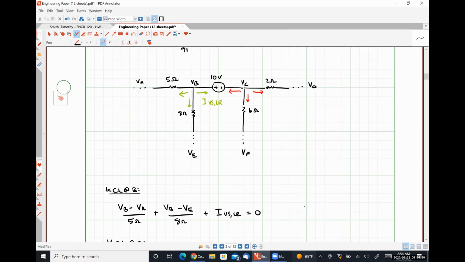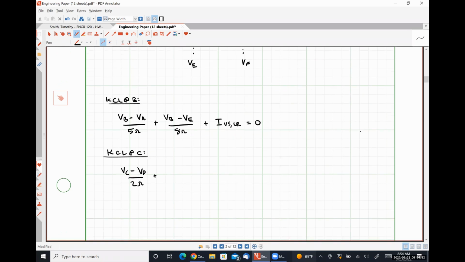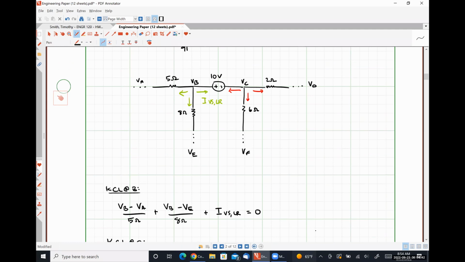Our current directed down is going to be VC minus VF over 6. And then we have the current directed to the left through our voltage source, and again, we have no real relationship that we can write. So I'm going to call this IVS RL, because it's the current flowing through the voltage source from right to left.